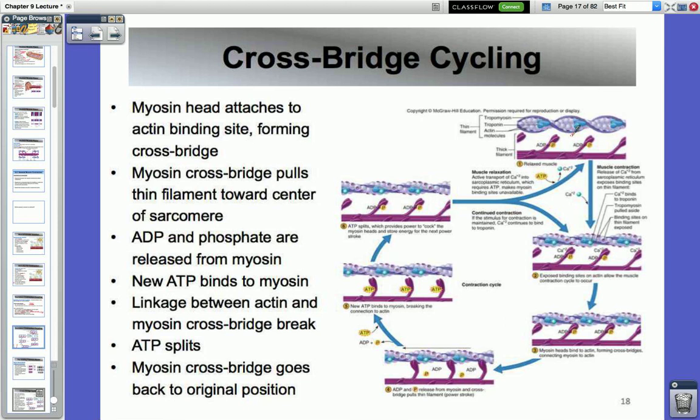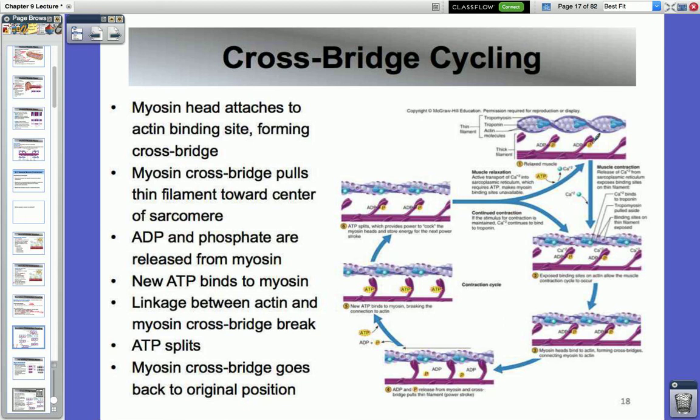Another thing to take a look at is what's associated with myosin. So we talked about how troponin and tropomyosin are associated with actin, but if you notice here, myosin has ADP and a phosphate attached to it.